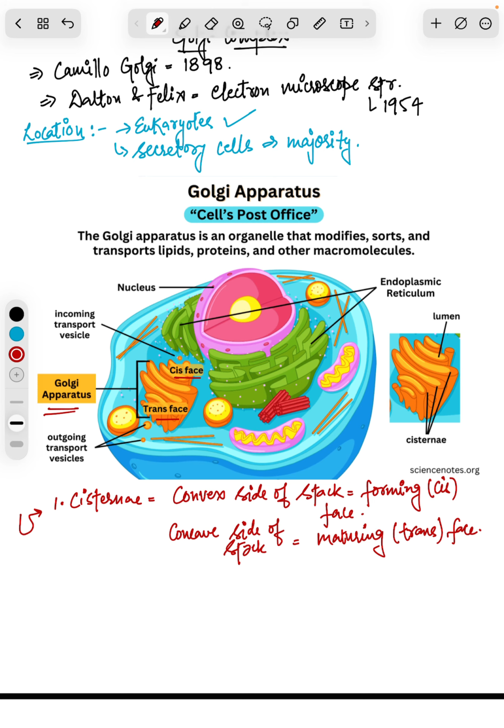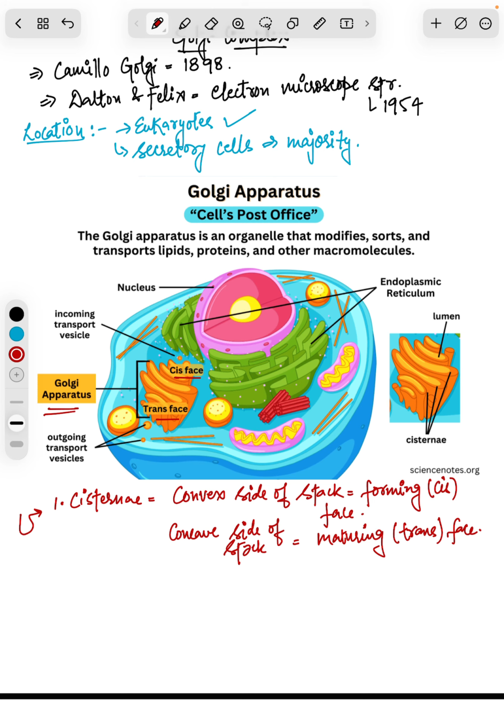Now secretory materials reach the Golgi complex from the smooth endoplasmic reticulum by way of transport vesicles, which bud off from the SER and fuse with Golgi cisternae on the cis face. How this process takes place we will see through a diagram. From the trans face, secretory vesicles arise that carry the processed material to their destination.